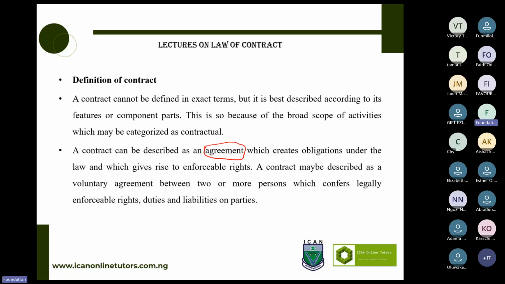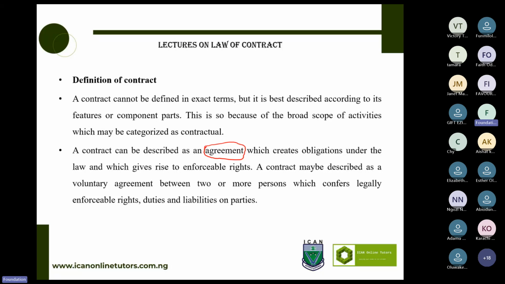So there is something that brings up contract. That thing at the beginning is always an agreement. So whatever definition you want to give to it, if there is agreement in that definition, we might term it correct. Of course, your number of marks might just be different. Now, in simple language, contract is an agreement between two or more persons with the intention to have a legal backing.